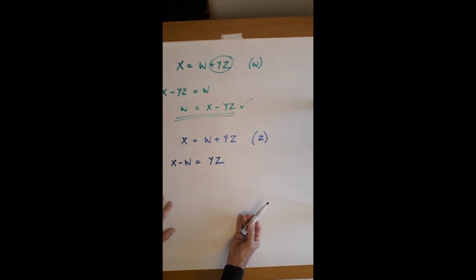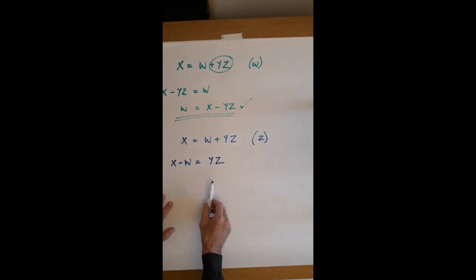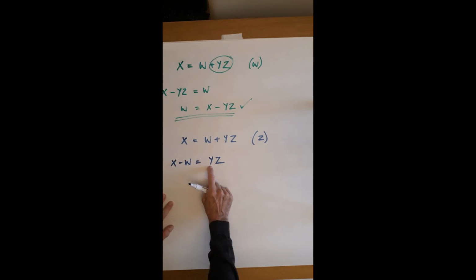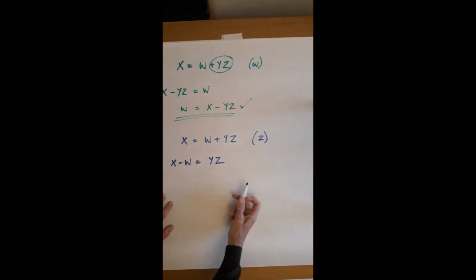Just let you ponder that one for a moment. You can always stop, pause and rewind. The next bit is we want to get z on its own, but it's stuck next to the y. How is the y attached? By multiplication. It's y times z. So we've got to divide by y to move it to the other side.